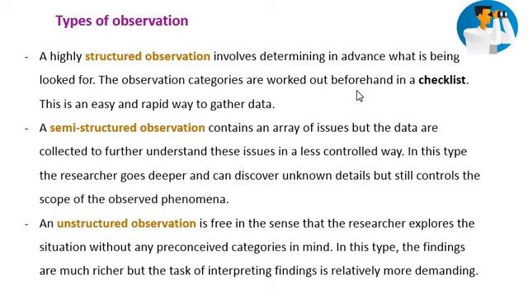So the researcher has already in mind a picture, and he tries to verify whether certain categories do exist in the setting or they do not exist. The use of the checklist permits the researcher to tick when he observes the behavior or when he sees the category that he is looking for. He uses a check mark. This is an easy and a rapid way to gather data.